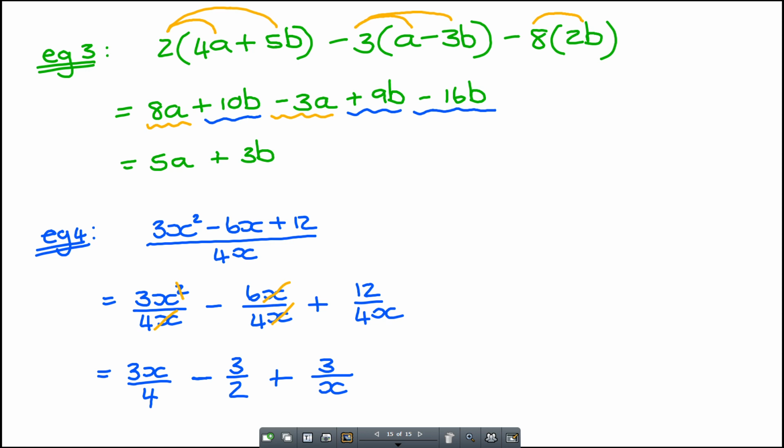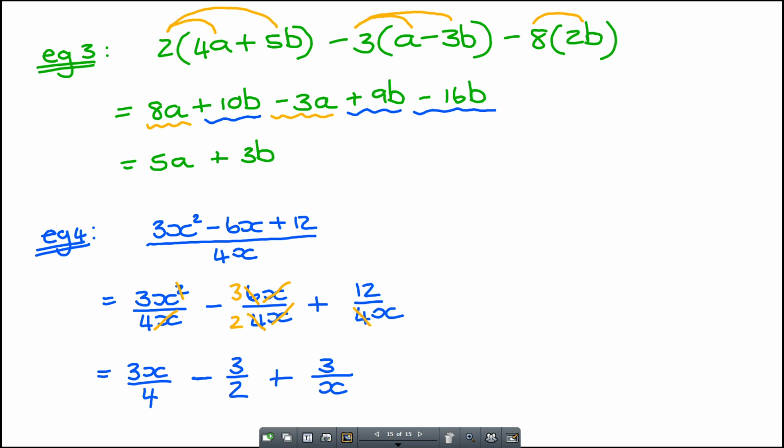Does everyone understand? Have a look. Can you see both at the top and the bottom, 2 can divide into both of them. So 2 goes into 4 2 times, and 2 goes into 6 3 times. That's how I get the 3 over 2. Then over here, 4 can go into both of them.